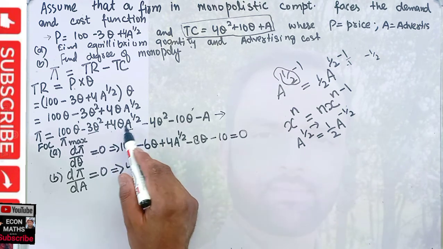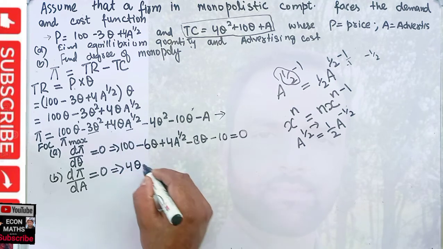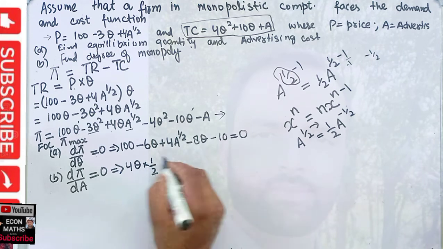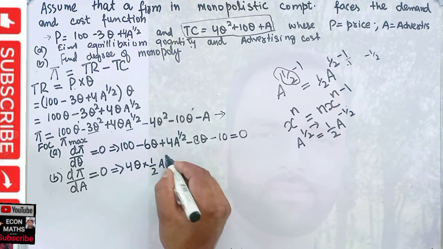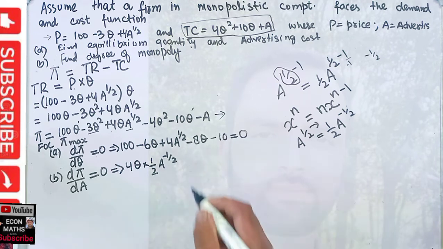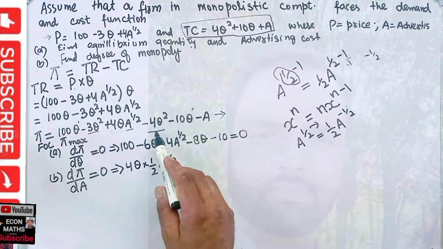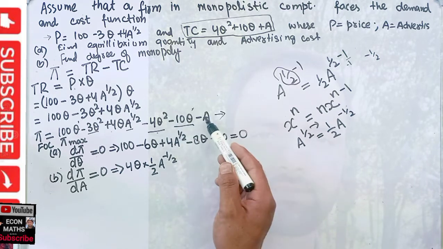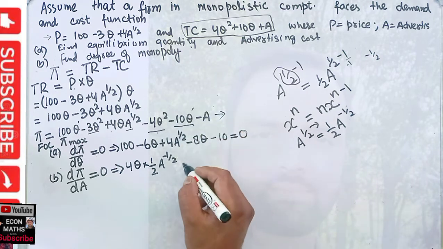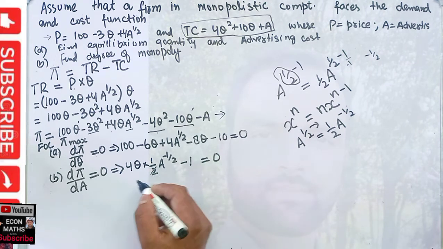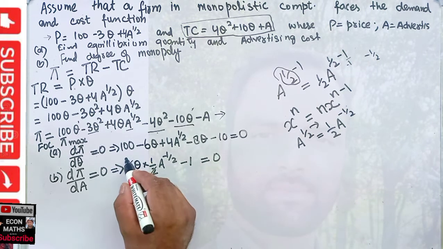Since we are differentiating partially with respect to a, q will remain the same, times 1 by 2 a to the power minus 1 by 2, and since no a is involved in this term, the derivative is 0. Here the derivative is 0, the derivative of a is 1, so we are left with minus 1, and set it equal to 0. Here we can cancel these two.